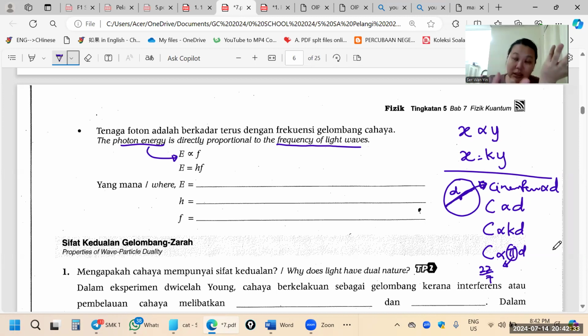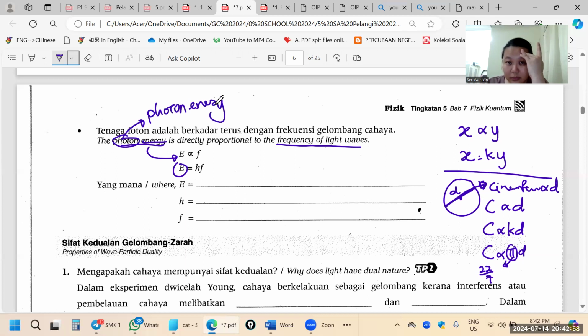Same thing here: how much energy, how much photon? If I just say photon, I'm actually saying it's photon energy in a discrete energy packet. When I say photon, in your mind you must continue it with photon energy in a discrete energy packet.